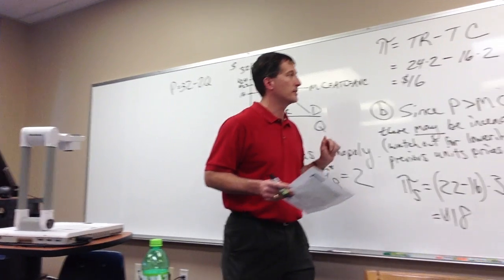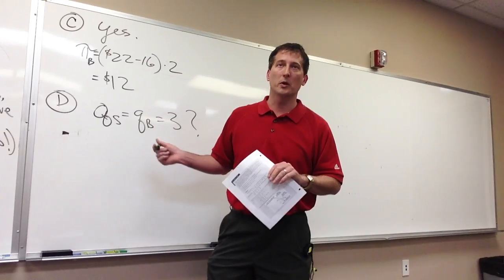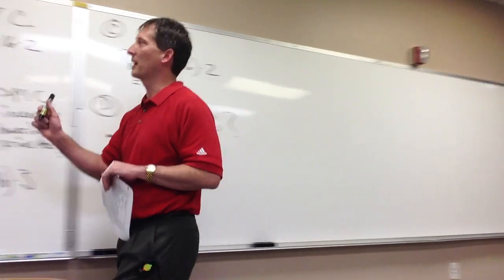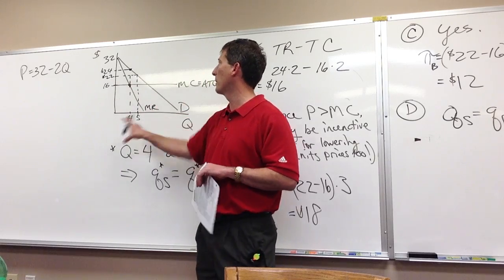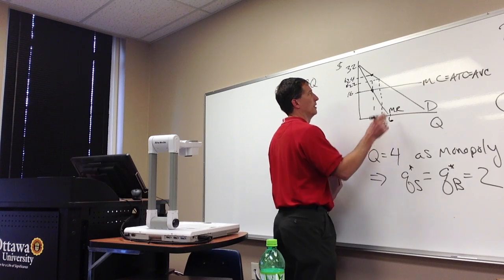So what happens in the market? How much is the total amount being produced? 6, which comes back to Sam's point that we now have to calculate with 6 units of production in the entire market. Where is the price going to drop to? And what's that answer? 20.